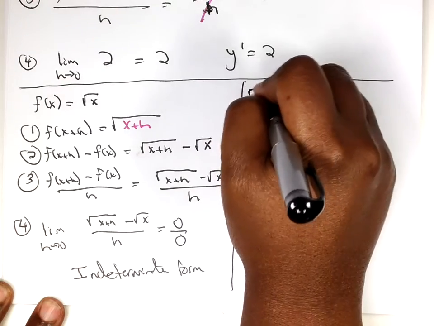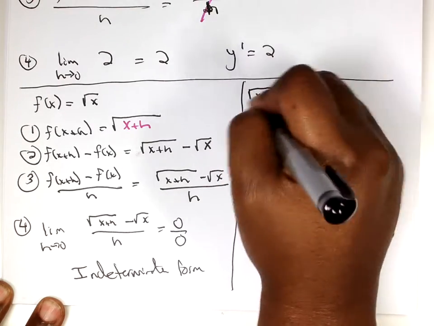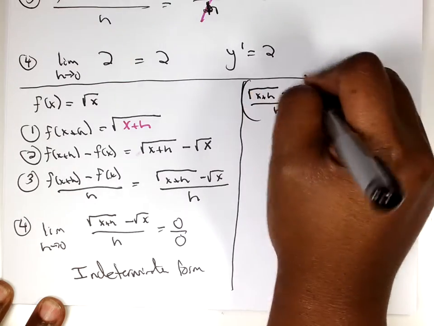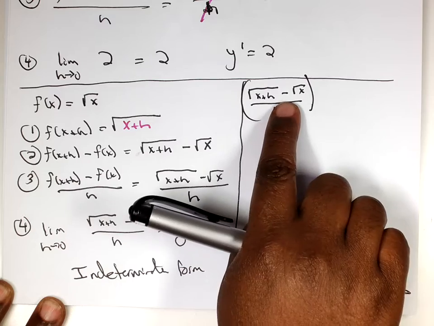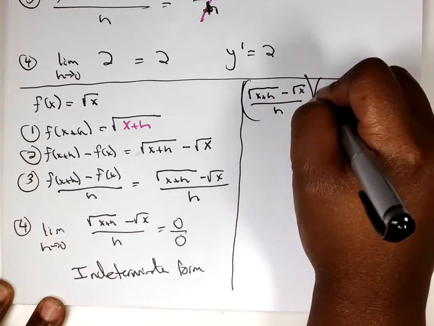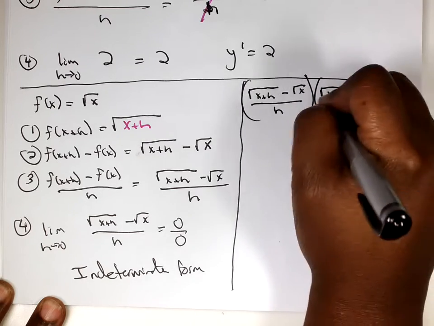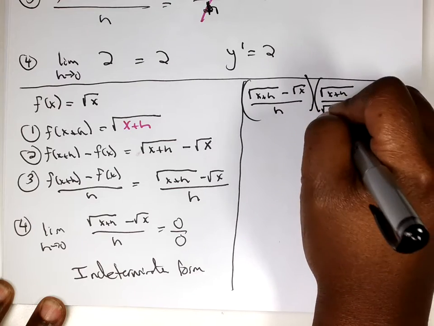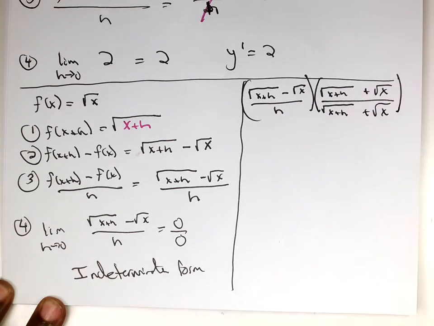So I have square root of x plus h minus square root of x over h. And I have to multiply that by the conjugate. So this square root of x plus h is going to become plus square root of x. And because I can't change the value of anything, I have to multiply with the exact same thing on the top and the bottom.